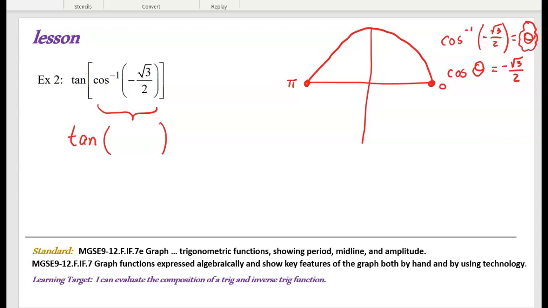All right, well, the beauty of this is if cosine inverse has a negative value, that means you're in the second quadrant. That means my x-coordinate is negative. So I'm going to draw theta in the second quadrant.